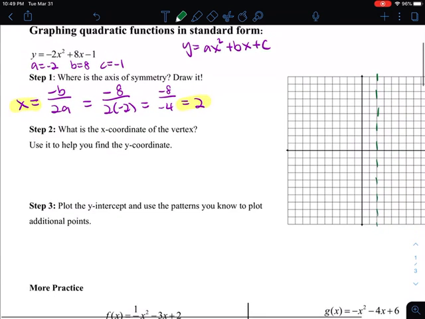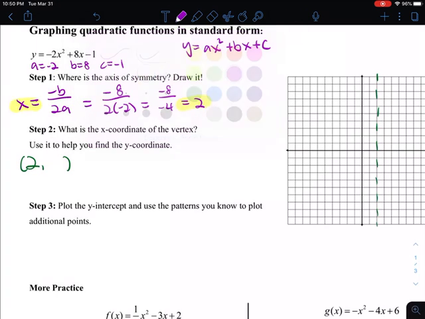Okay, step 2, what's the x coordinate of the vertex? Well, that's 2. And how do we find the y value? Well, we can go ahead and use our equation. So let's do y equals negative 2 x squared plus 8x minus 1, but I'm going to plug in 2 for x. And then let's evaluate this. This part you can use the calculator.